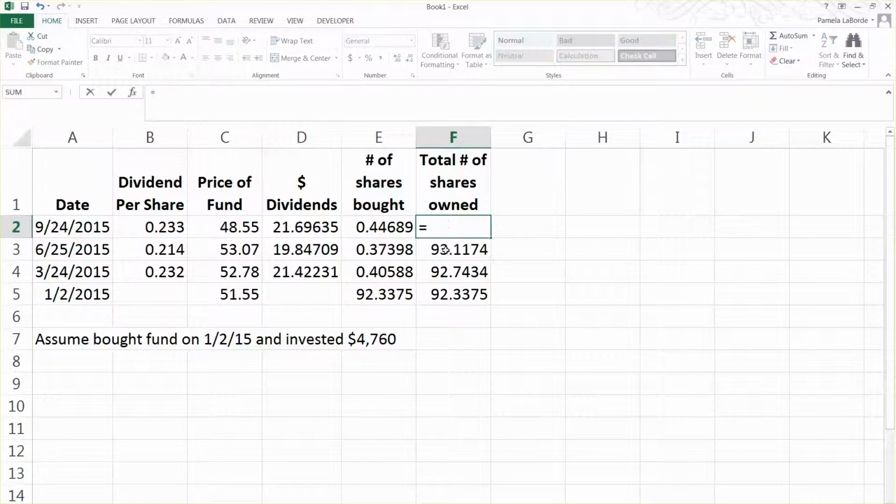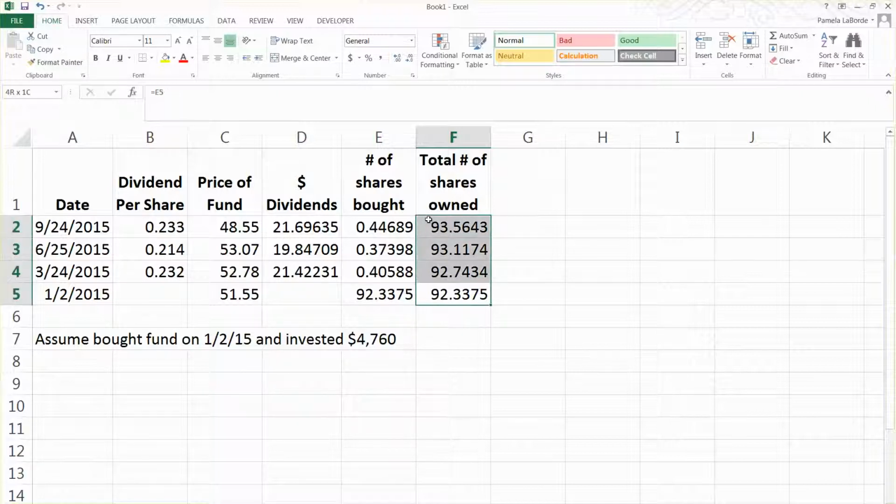And then take the previous number of shares that she owned and add to it the fraction of a share that she just bought. And what will also happen is presumably in December the fund will pay a dividend. We just haven't gotten to December 2015 yet. And so this would happen one more time this year.